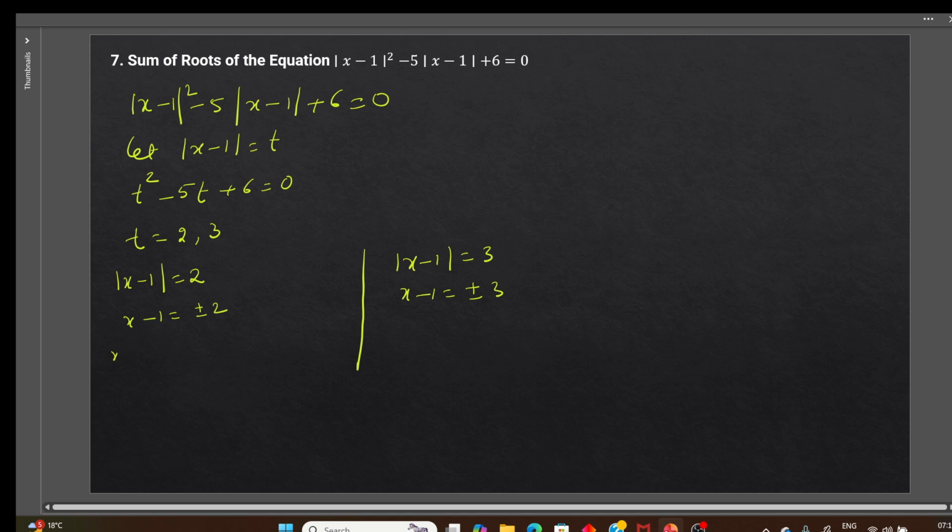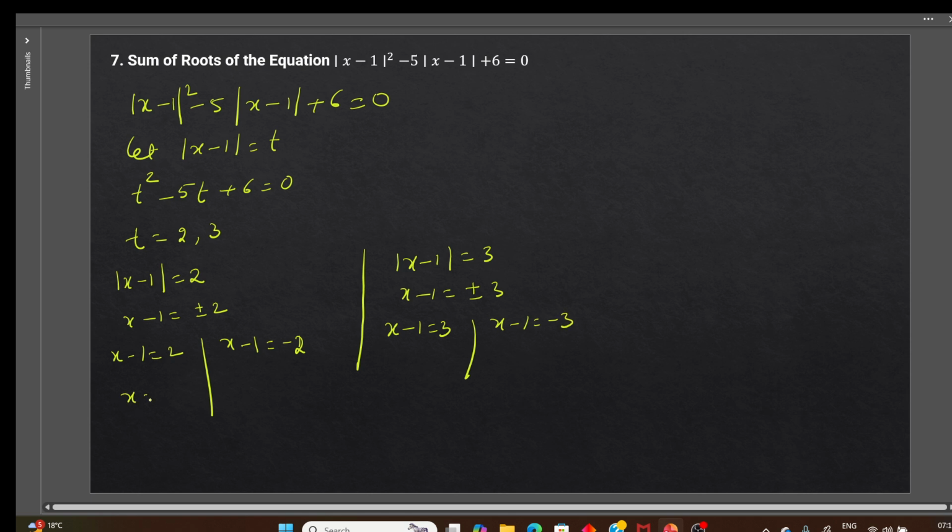Now write separately: x minus 1 is equal to plus 2 and x minus 1 is equal to minus 2. And here also the same: x minus 1 is equal to 3 and x minus 1 is equal to minus 3.